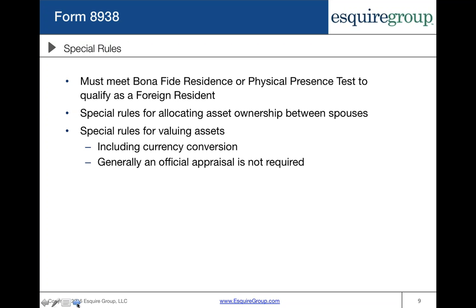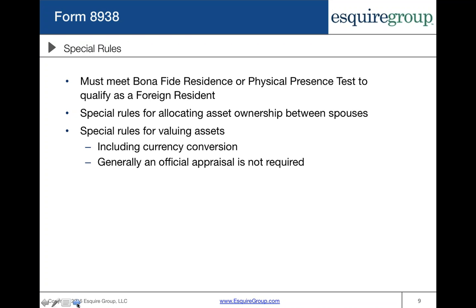There's also a series of special rules for allocating asset ownership between spouses, and this depends on whether both spouses are U.S. citizens, or whether one of them is a non-resident alien and one of them is a U.S. person. They can get quite complex, but the point is to be aware that there are special rules for allocating ownership. Just a couple of other points.